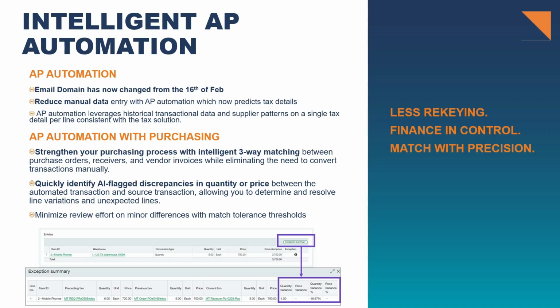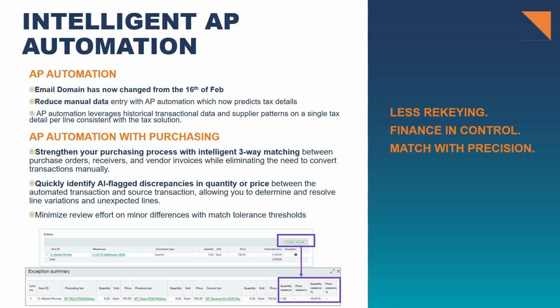The next enhancement in accounts payable automation focuses on reducing the amount of manual intervention needed when coding transactions. Sage Intacct can now predict tax details for automated transactions by analysing historical postings and supplier patterns, so applying expected tax treatments automatically where appropriate.